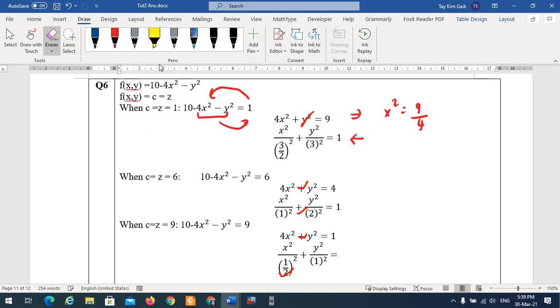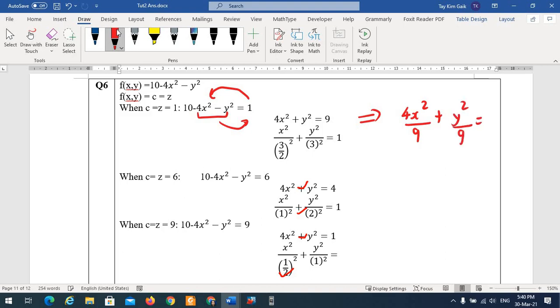Or you can change to the ellipse equation form. You divide both sides by 9. If you divide by 9, 4x squared divided by 9 plus y squared divided by 9 equal to 9 divided by 9, that doesn't get 1 in the standard way. So bring the 4 down to the denominator.